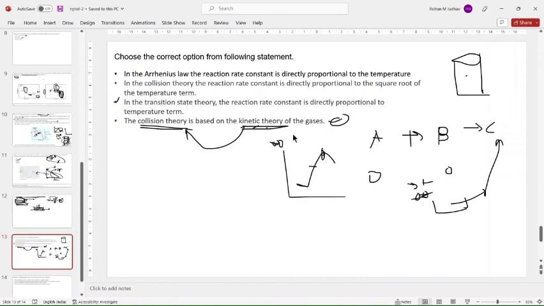That would define how the collision is happening. And corresponding to that relation, in collision theory the reaction rate constant is directly proportional to the square root of the temperature.